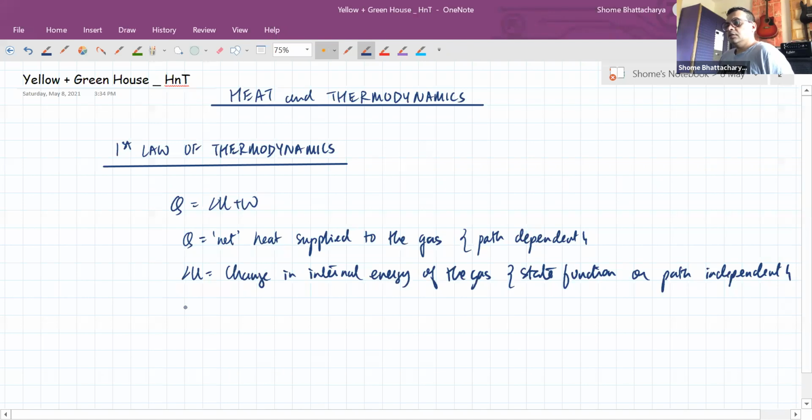And we saw that W, which is the work done by the gas, is also a path dependent quantity or a path function.